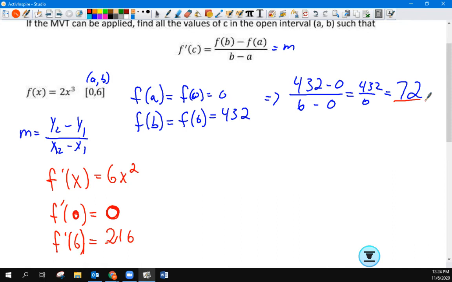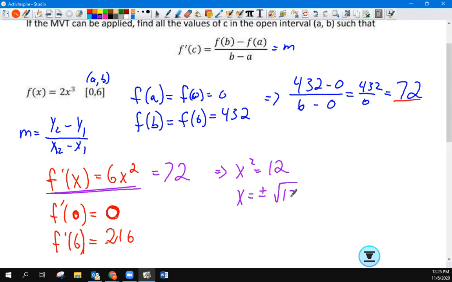So there is a place where the slope is going to be 72. Okay, so now I've got to find that place. So now I need to know where this is equal to 72. So that's where we start. So we take 72, divide by 6 on both sides. So we get x squared equals 12. And then we get x equals plus or minus the square root of 12.